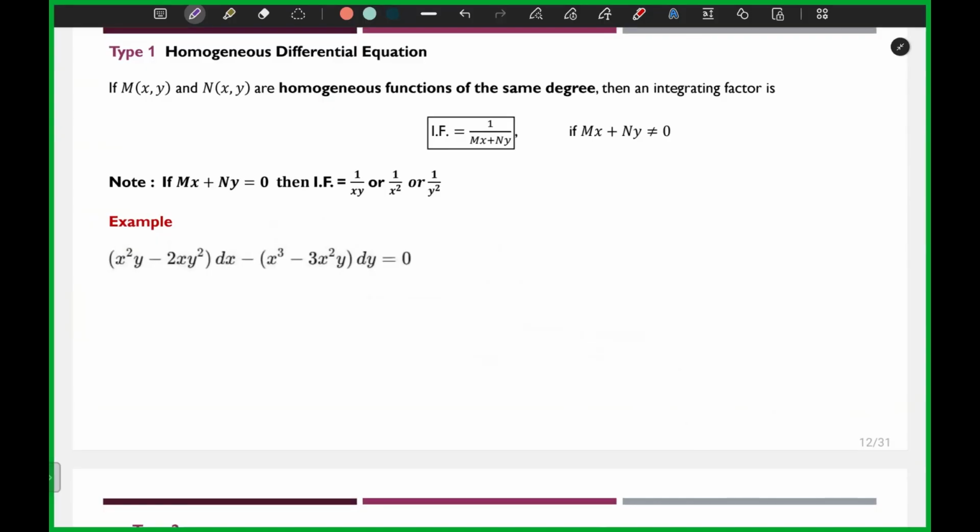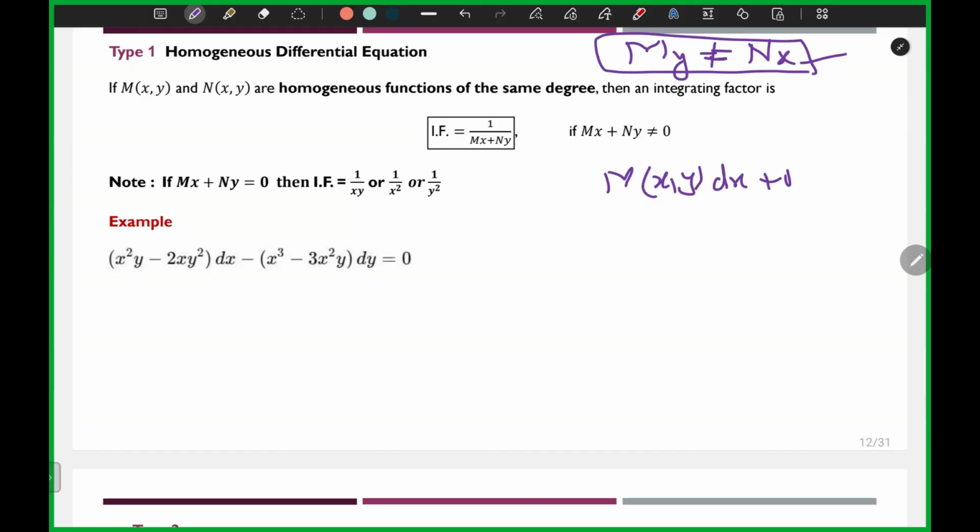When we have M(x,y) and N(x,y) as homogeneous functions of the same degree, then the integrating factor is of the form 1 upon Mx plus Ny. First condition: we find integrating factors when our equation is non-exact, that is M y is not equal to N x. So type 1 involves the integrating factor when M(x,y) dx plus N(x,y) dy equals 0, when M and N are homogeneous functions of the same degree.